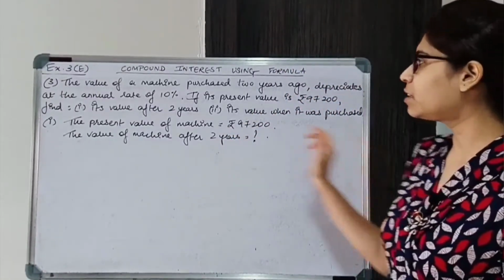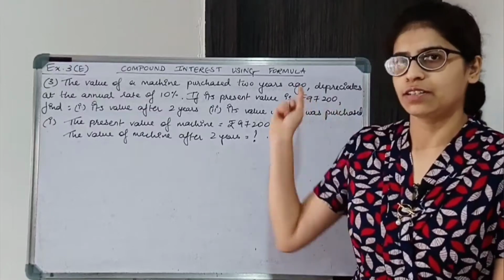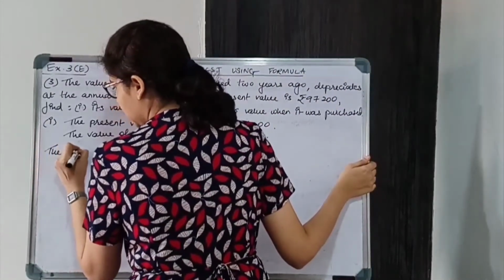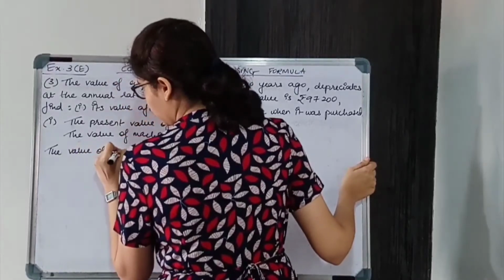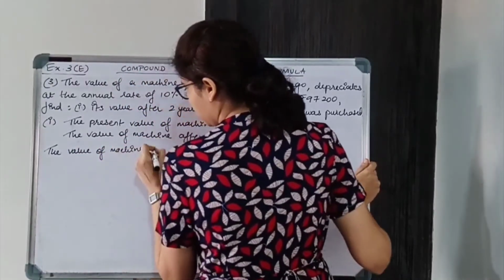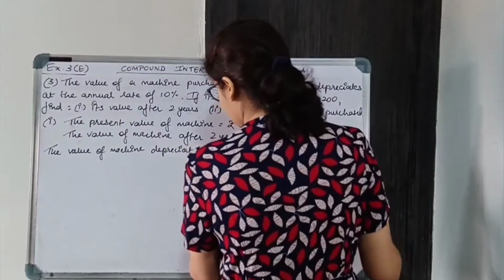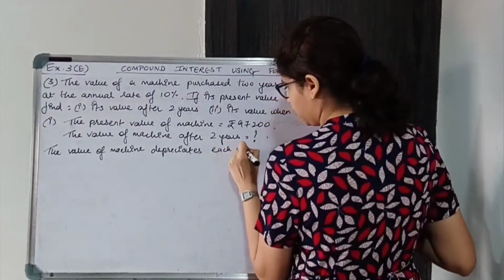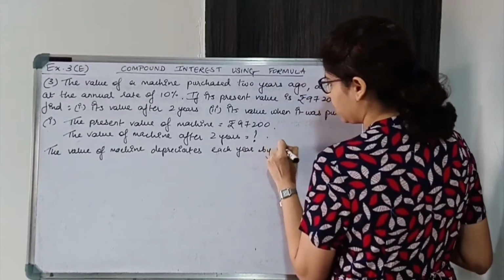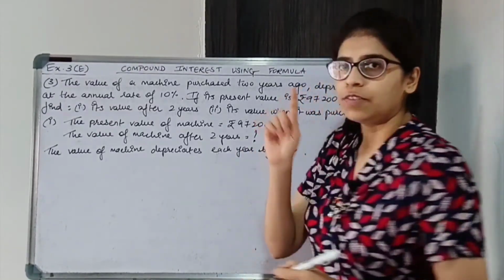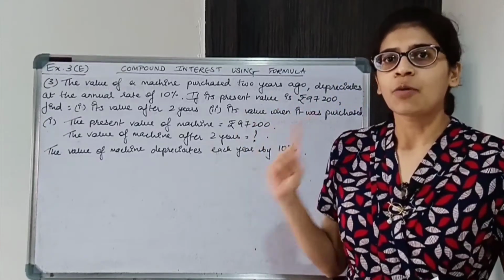Now it is given that the value of the machine is depreciating, so just write down the value of machine depreciates each year by 10%. Okay, now we will subtract 10% in the formula of amount.